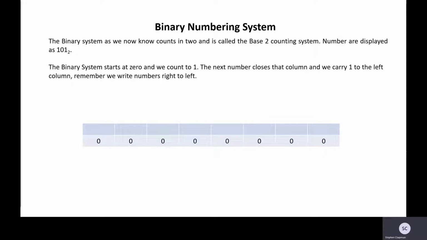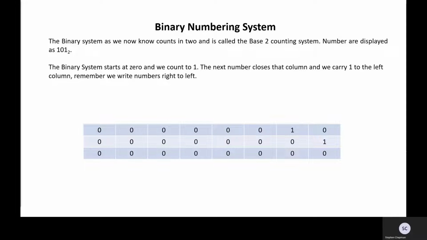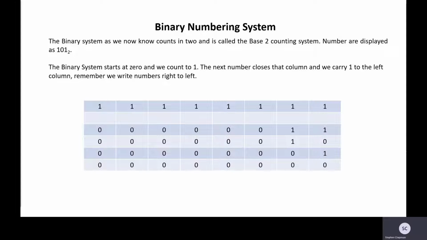So we have a whole set of zeros. We count to 1. We carry 1 over, and the right-hand side becomes 0, and we carry on like that all the way up. So that is the binary numbering system. Again, it starts at 0, and there are 2 items, so it's a base 2 numbering system.